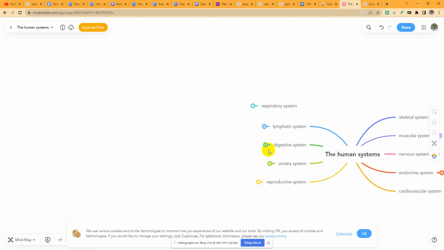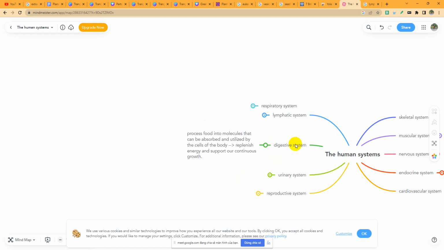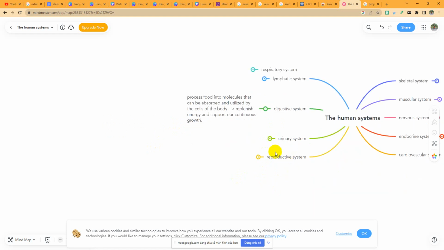And then we have the digestive system. As the name may suggest, it is obviously to process food and to break down all the nutrition we absorb from our food, our diets, so that our bodies can easily absorb and utilize those nutrients and the vitamins to replenish energy and support our continuous survival, our continuous growth.